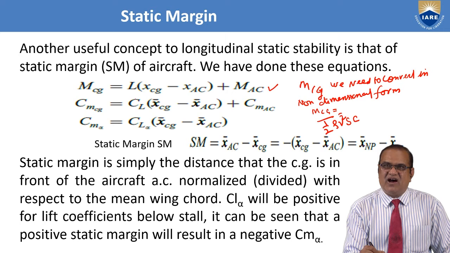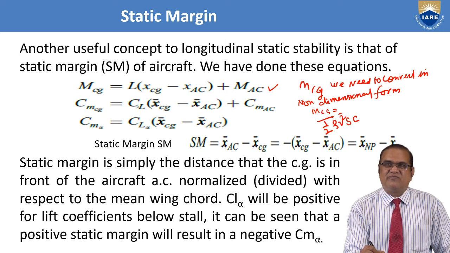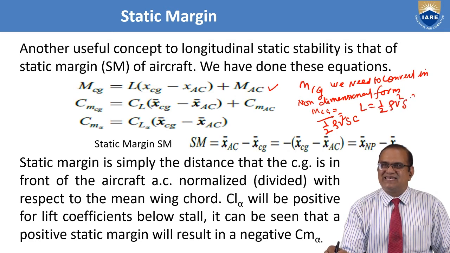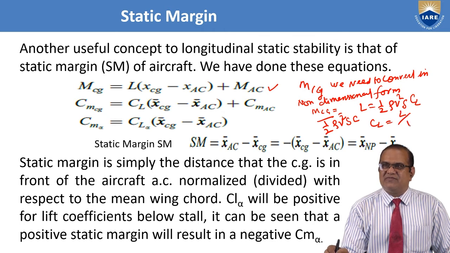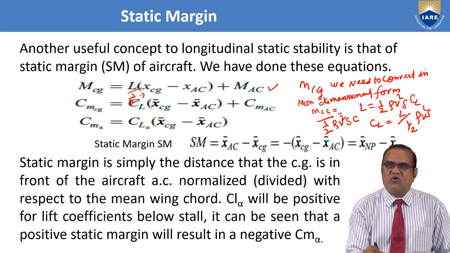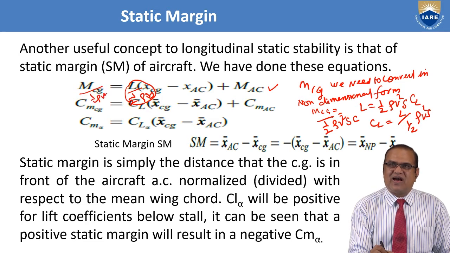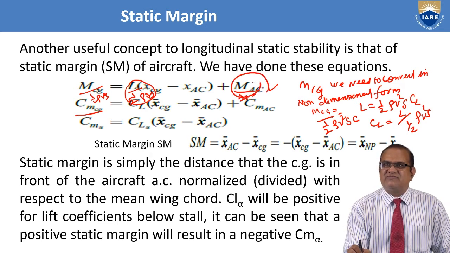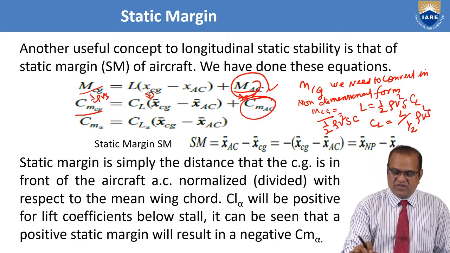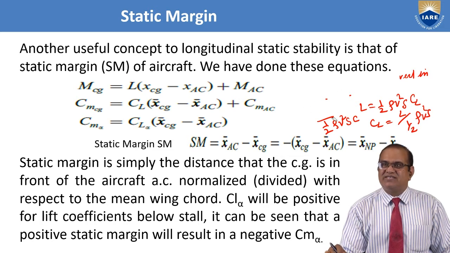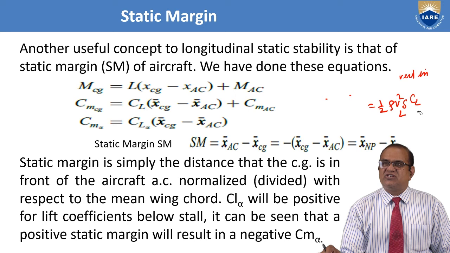Here L by half rho V square S is CL. We know that L is equal to half rho V square S CL, so CL is equal to lift divided by half rho V square S. Lift divided by half rho V square S becomes CL, dividing Mcg by half rho V square S c becomes Cm, and in the same way, dividing by half rho V square S c gives Cmac. We use the non-dimensional form because it is easy to understand.